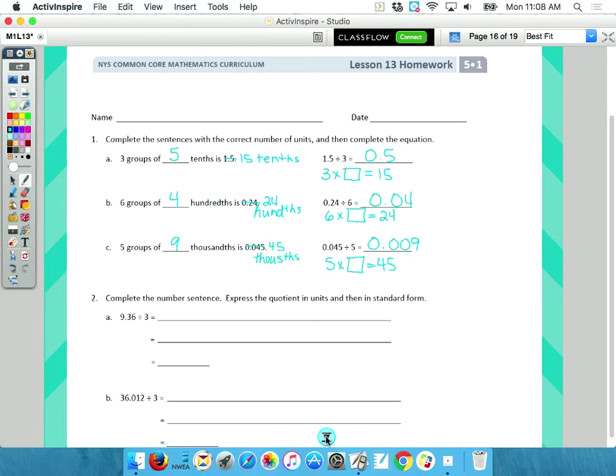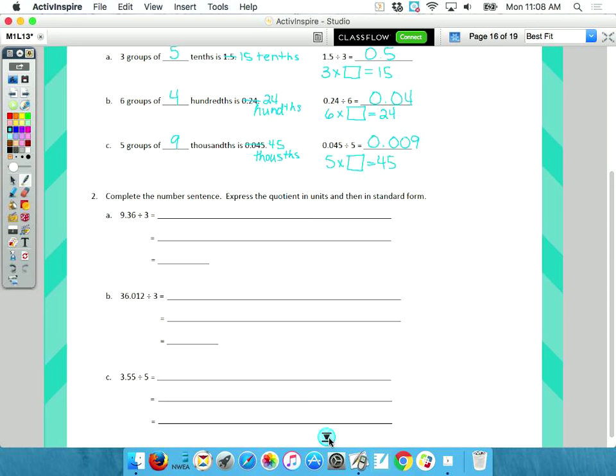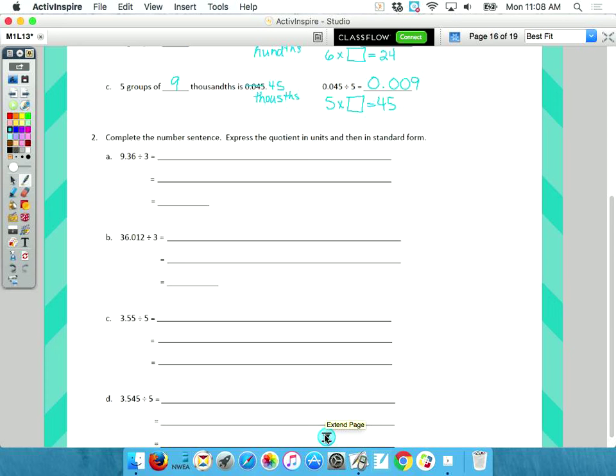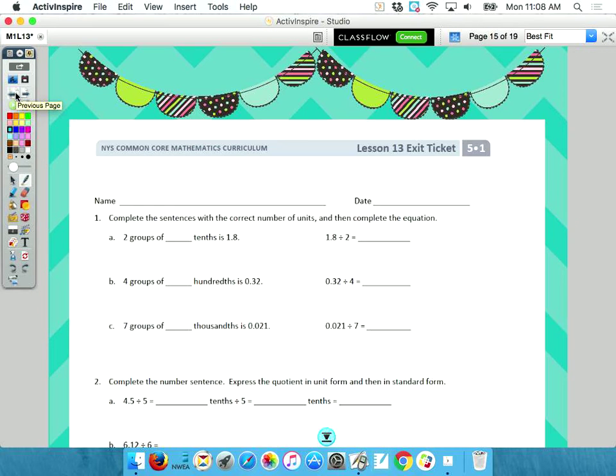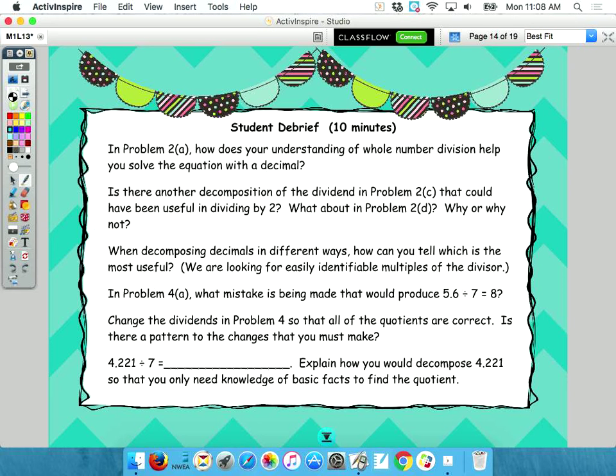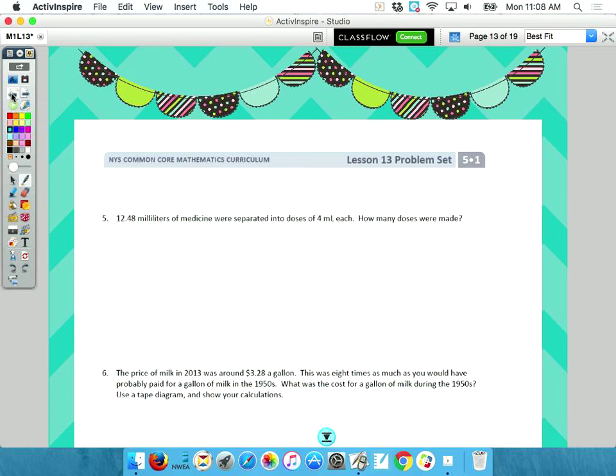Now this is the part that got a little tricky. So what I did was, I modified it. Actually made it harder. They had, oh, let me show you on the other one.